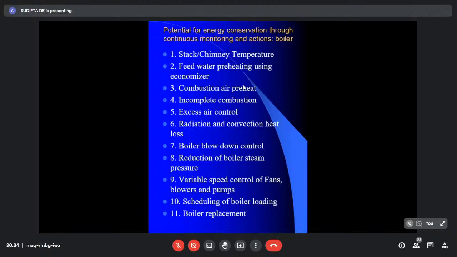This is similar to continuous health monitoring of human beings by doctors and taking actions at appropriate time to improve performance.